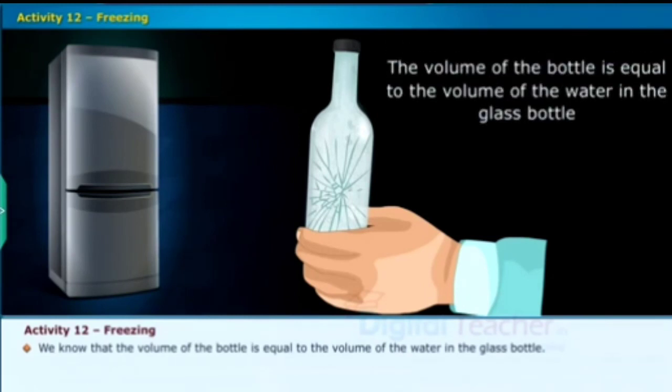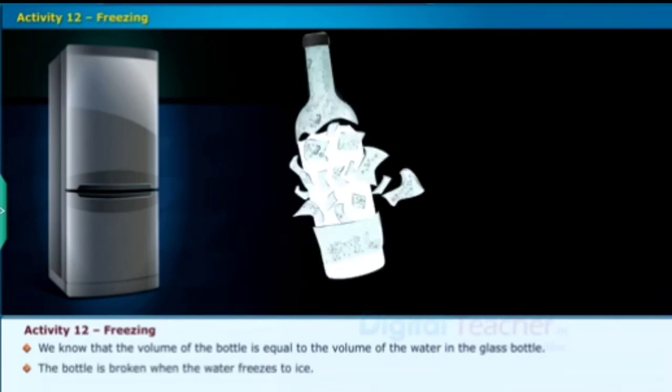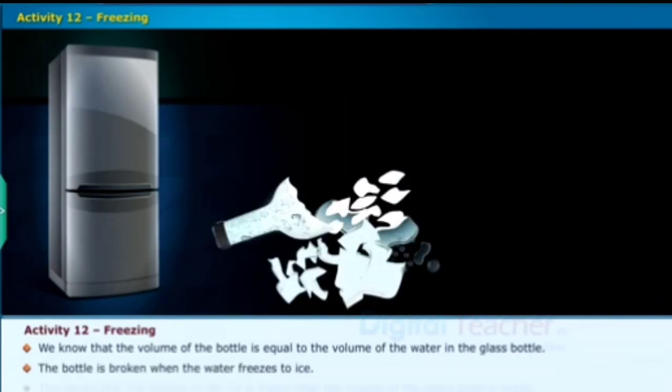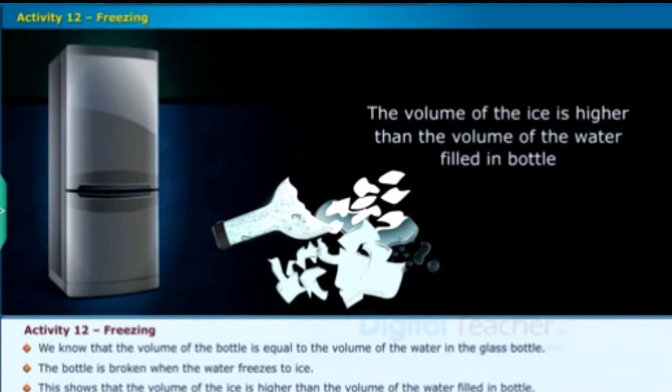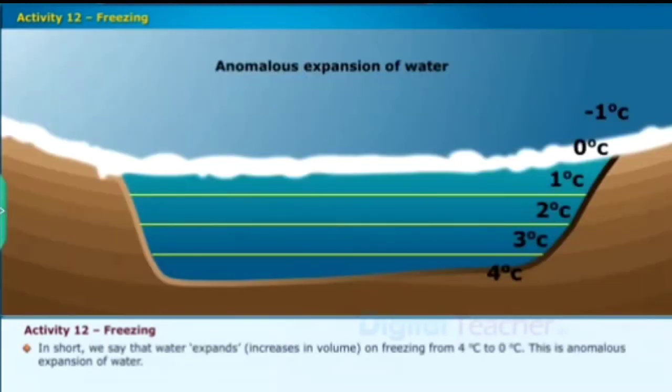We know that the volume of the bottle is equal to the volume of the water in the glass bottle. The bottle is broken when the water freezes to ice. This shows that the volume of the ice is higher than the volume of the water filled in the bottle. In short, we say that water expands, increases in volume, on freezing from 4 degrees Celsius to 0 degrees Celsius.